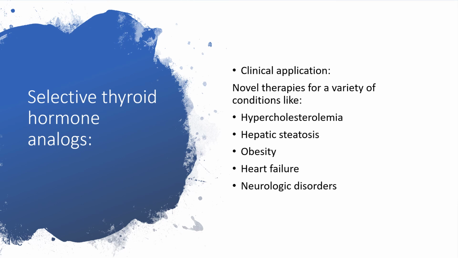Selective thyroid hormone analogs: well, clinical application is still a novel therapy for a variety of conditions, like treating hypercholesterolemia, might be because of what I've just said a few minutes ago. Also, a novel therapy for hepatic steatosis, and also in obesity, heart failure, and neurological disorders.